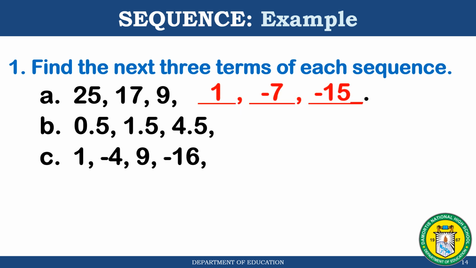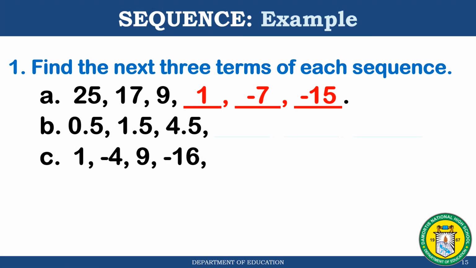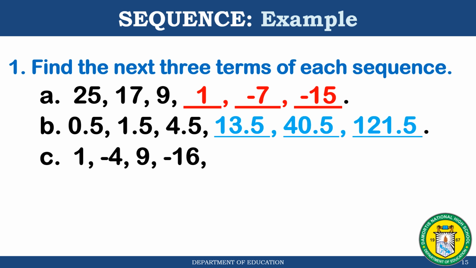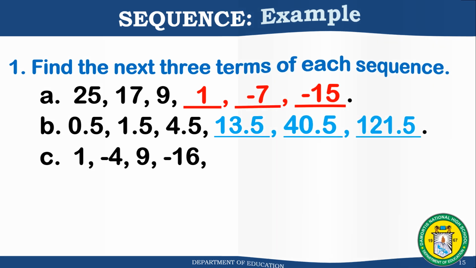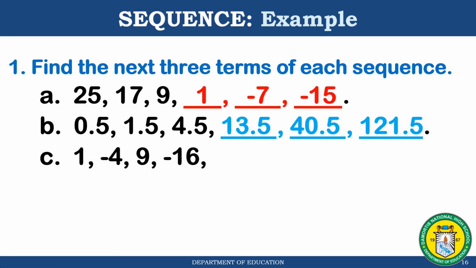The answers are 1, -7, and -15. What about letter B? Correct! The answer is 13.5, 40.5, and 121.5. What about letter C? Very good. The answer is 25, -36, and 49.